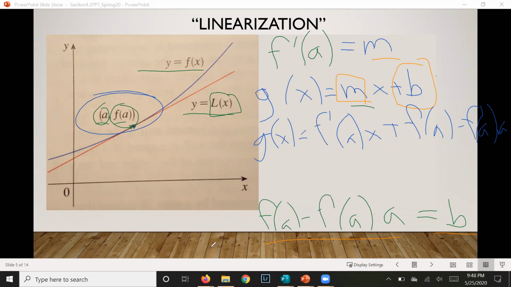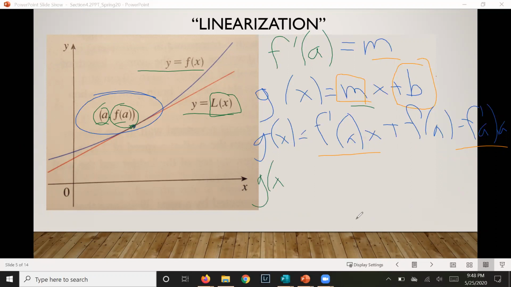And then we're going to do some rearranging here. So first of all, notice that both of these terms, the negative f prime of a times a and the f prime of a times x, both have an f prime of a in them. So I could group those together and factor out that f prime of a. And so when we do that, we'll end up with f prime of a times the stuff that's left over, x minus a.